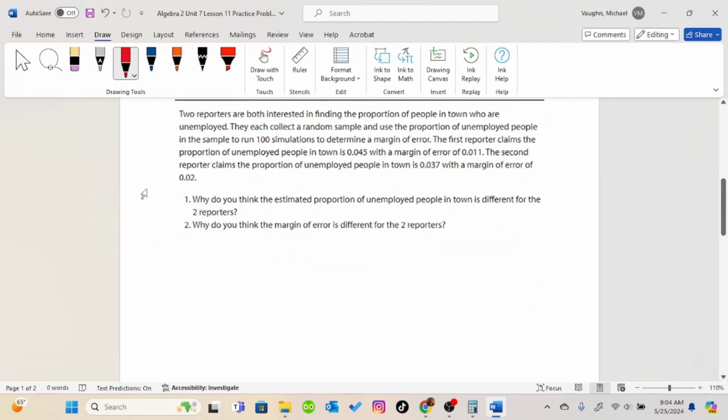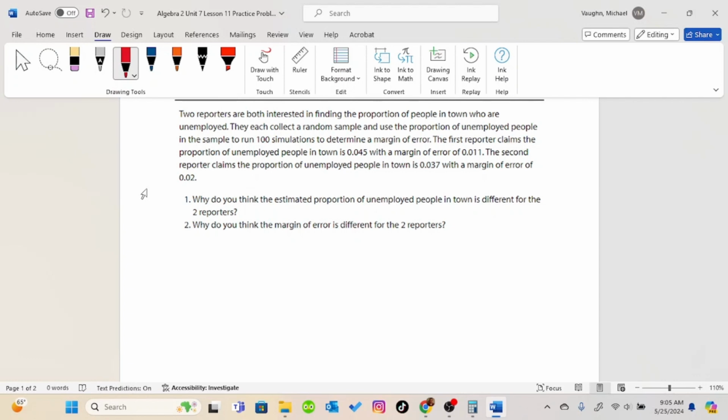Two reporters are both interested in finding the proportion of people in town who are unemployed. They each collect a random sample and use the proportion of unemployed people in the sample to run 100 simulations to determine a margin of error.